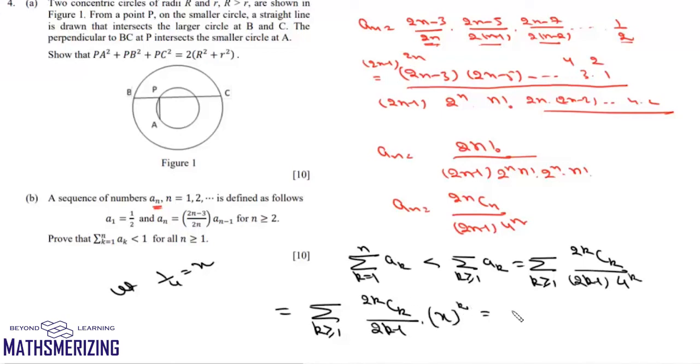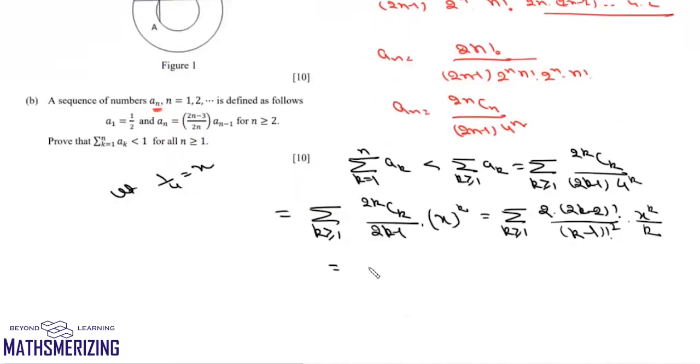Now we can further simplify this: we can write this as factorial 2k upon factorial k square, and we can cancel 2k minus 1. So we'll write this as 2 into factorial 2k minus 2 upon factorial k minus 1 square into x to the power k upon k.